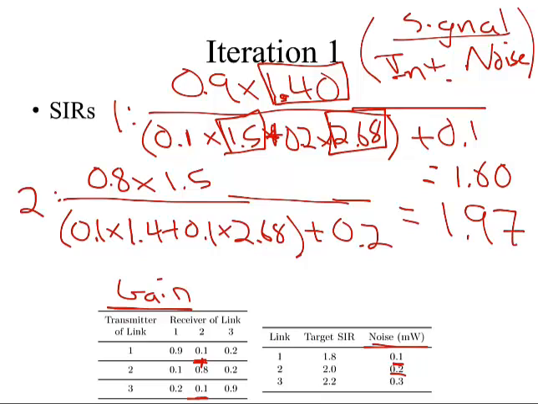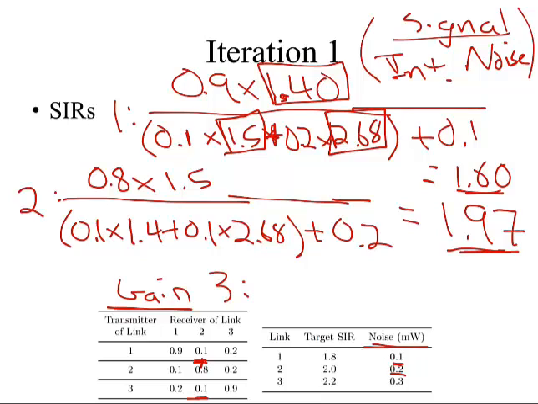And so now, as you can see, these SIRs are actually too low for 1 and 2, whereas before they were too high. So they've reversed direction now. So now we went in too far in the opposite direction.